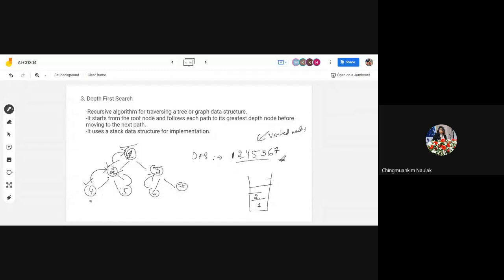So for 2, when you explore, you write only 4. You visit 4, then you write 2 here in the stack. Now look at 4 and try to explore 4. 4 has no adjacent nodes, so you have to go back to 2. So just pop this out. Now, from this.